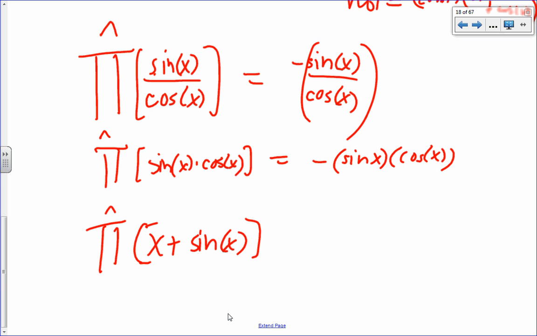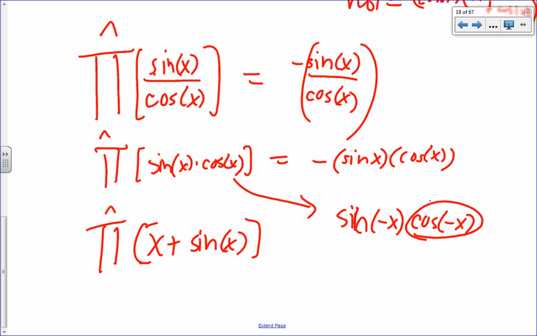Question? You wouldn't change both x to negative? Yeah, if you did, this is going to be sine of negative x times cosine of negative x, right? But cosine of negative x is just cosine x, and sine of negative x is just negative sine x.